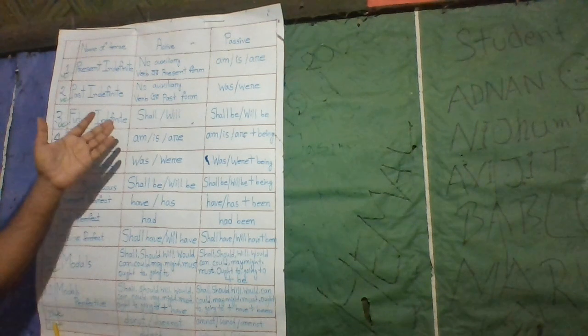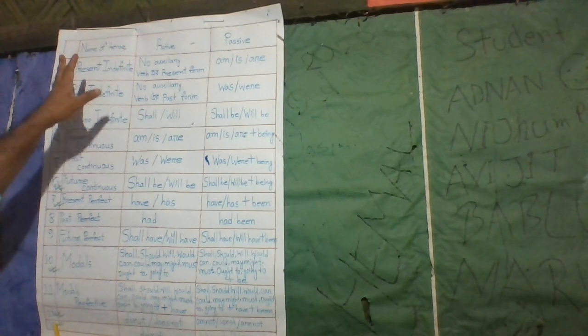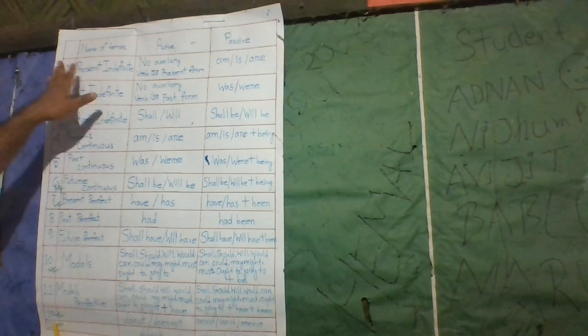I think you can see well. You need not learn tense yet. I'm giving the name of tense for better understanding of you. Look, present indefinite. Name of tense number one, present indefinite.